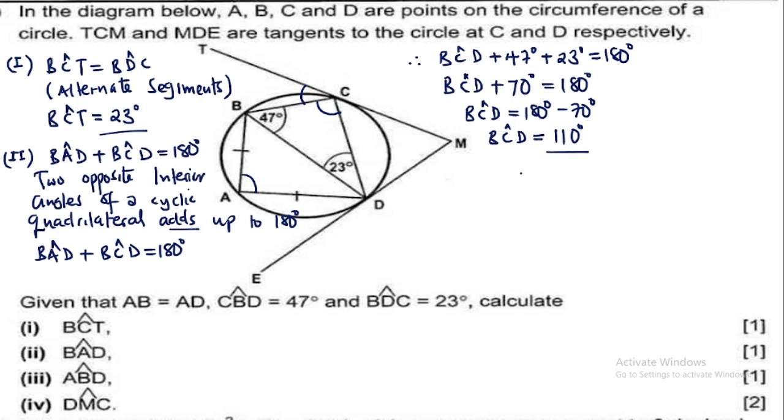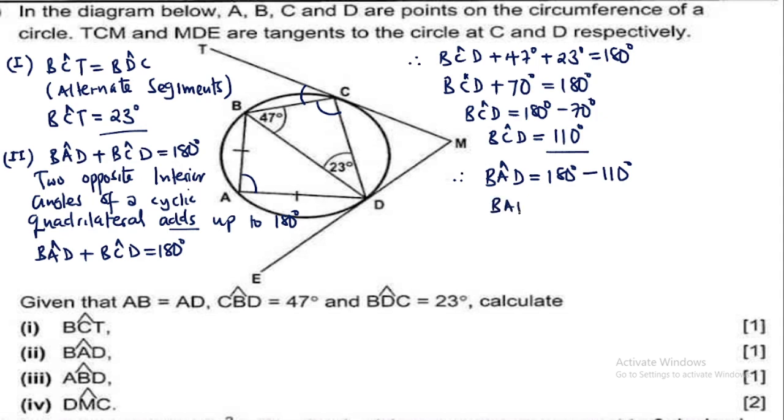So BCD will be equal to 110 degrees. Now, when BCD is equal to 110 degrees, we can say that BAD is equal to 180 degrees minus 110 degrees, because the principle is that when you add BAD plus BCD, it is supposed to give us 180.